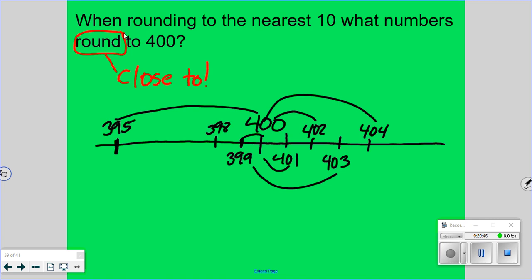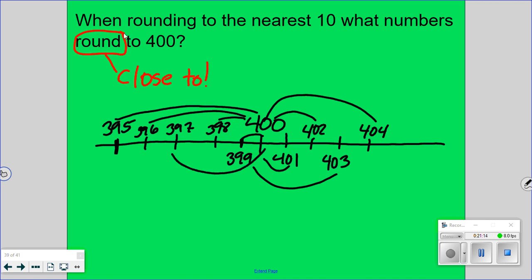That's super close. That goes to 400. Can you think of any others? Avery? 395. We got 395. Oh, we're good. 396. 397. One more. We're missing one more. Mason? 397.